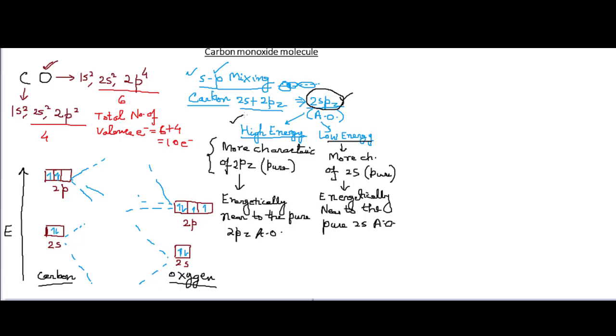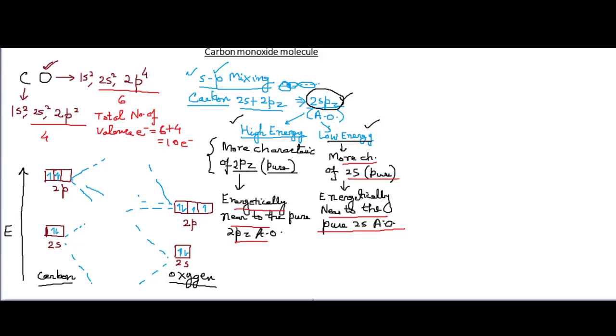One is high energy, another is low energy. The higher energy is characteristically more towards the 2pz pure atomic orbital, and that is why it should be located near to the 2pz atomic orbital. Similarly, the low energy is characteristically more towards the 2s, and that is why it should be located towards the pure 2s atomic orbital. Up to this, I hope this is clear.